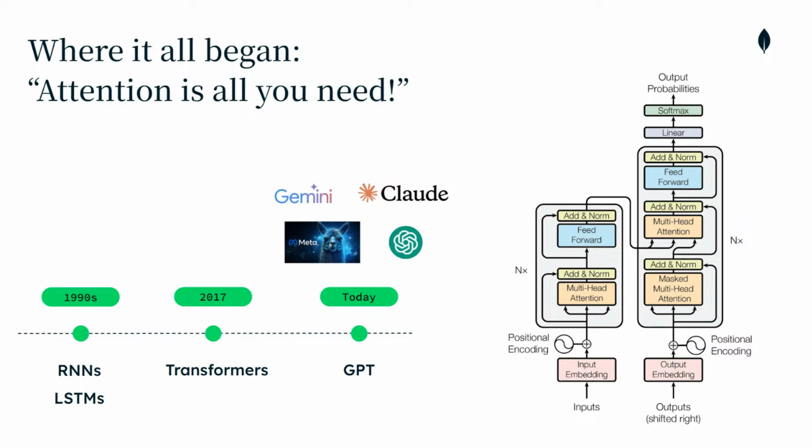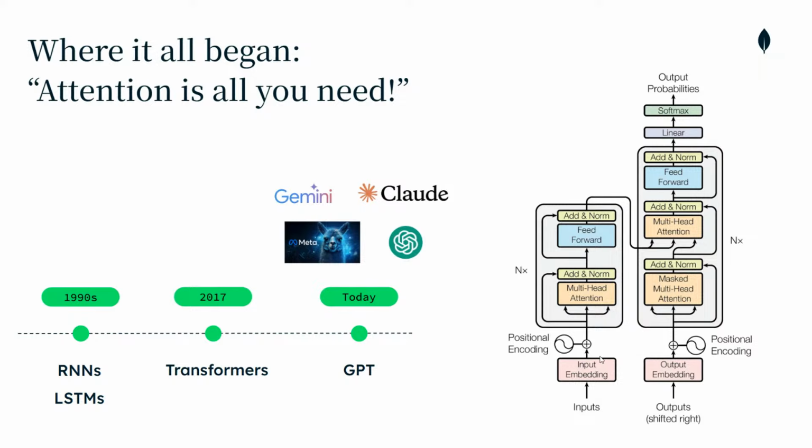They were basically used to process sequences, but they didn't work that well up until 2017, when transformers were introduced in a paper called "Attention is All You Need." That transformers model is actually this image on the right side, which represents the whole architecture of the transformers models. That opened the door for future improvements.